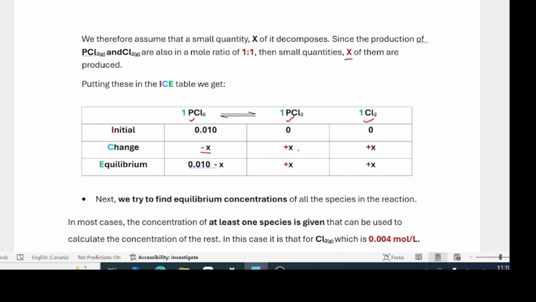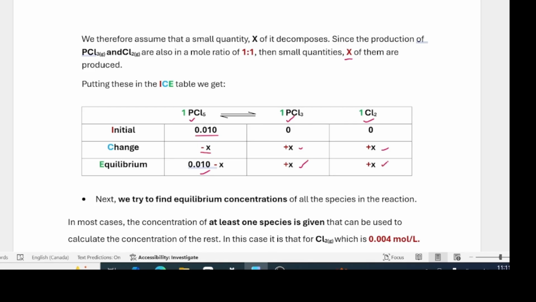That is why we're going to say plus X and plus X. So at equilibrium, we will have whatever concentration of phosphorus pentachloride was present initially minus what was changed. And that is represented by this quantity here. And of course, in the end, we'll have X and X.